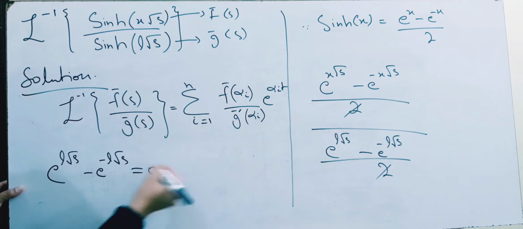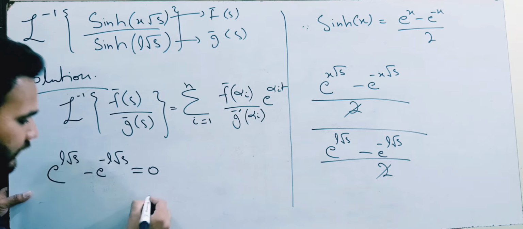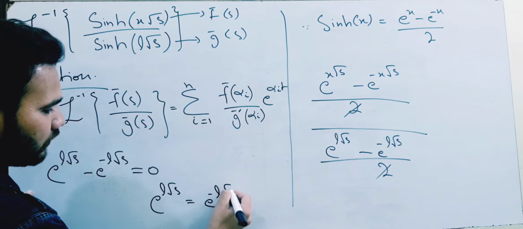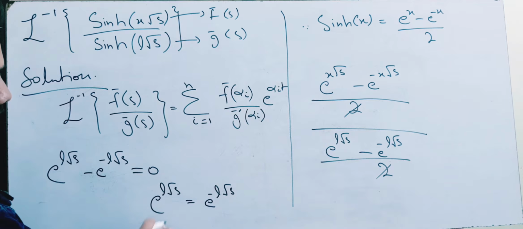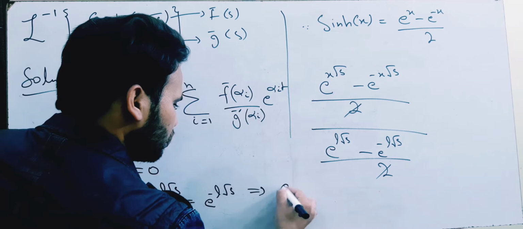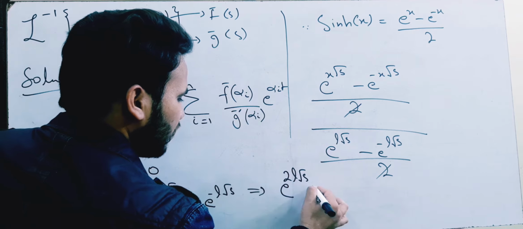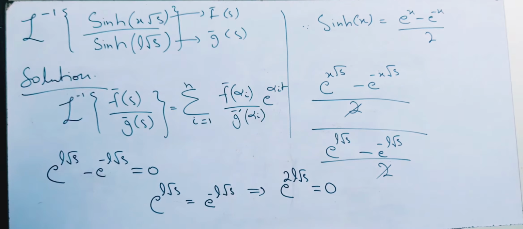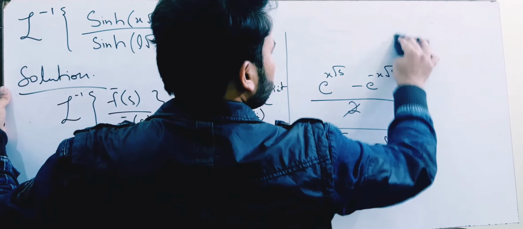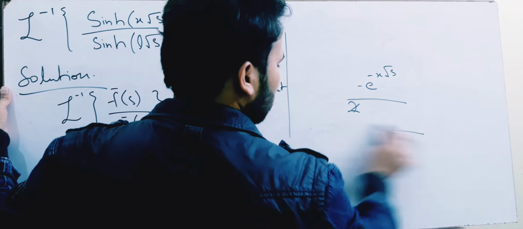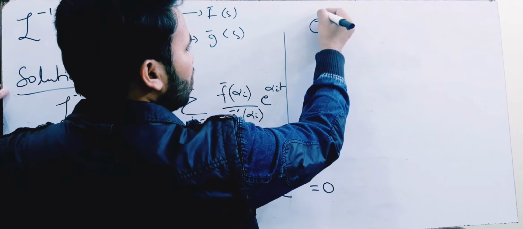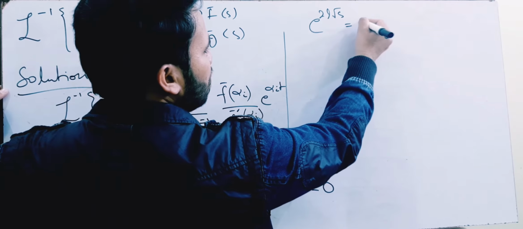Adding e power minus l square root of s to both sides, we will get e power l square root of s equals e power minus l square root of s. Dividing both sides by e power minus l square root of s, we will have e power 2l square root of s equals 1, that is e power 0.